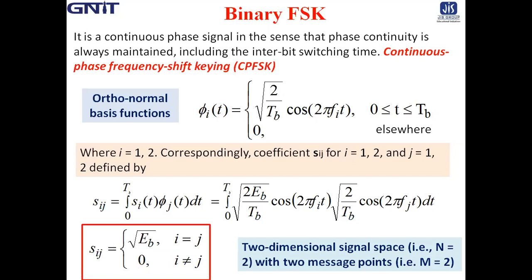Thus, unlike coherent BPSK, a coherent binary FSK system is characterized by having a signal space that is basically two-dimensional, because there are two orthonormal basis functions present actually.